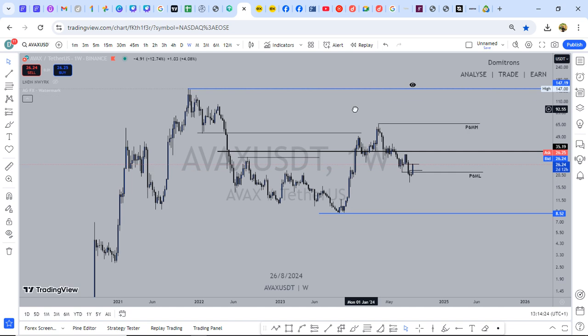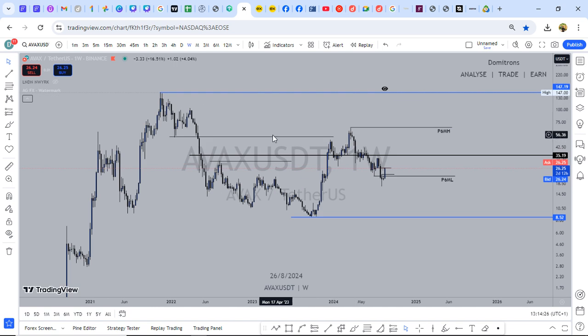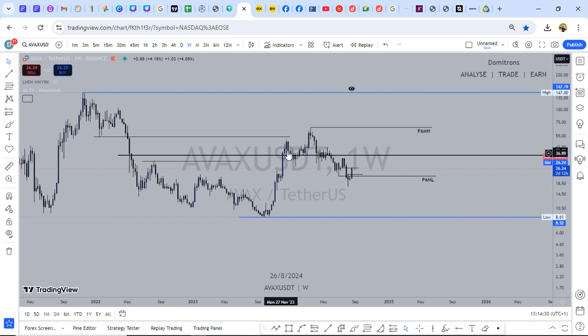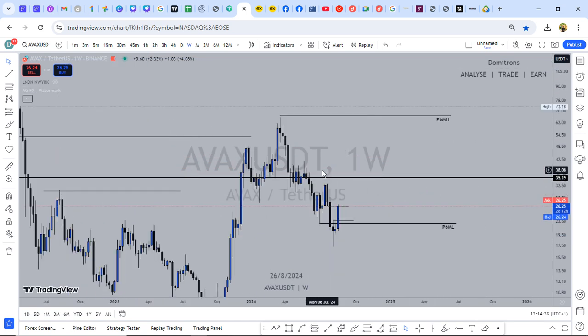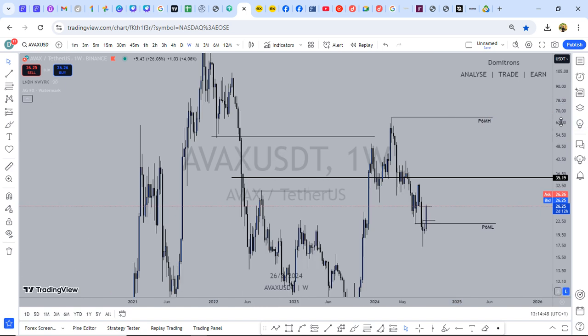So the expectation is, since we filled up this sell side inefficiency, we traded out of the 50%, we're coming back into the 50%. I expect it to break that equilibrium and be drawn to the buy stop that we have right here.